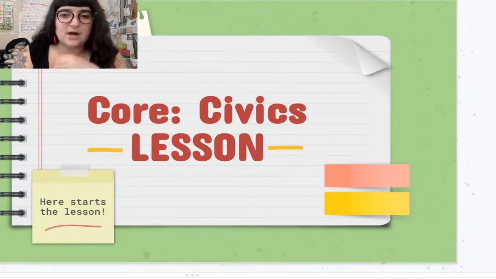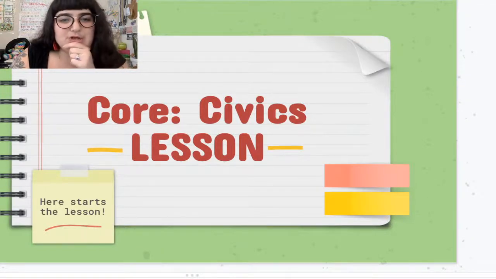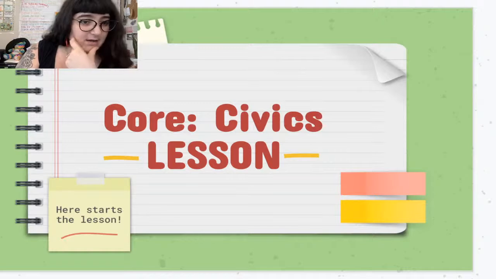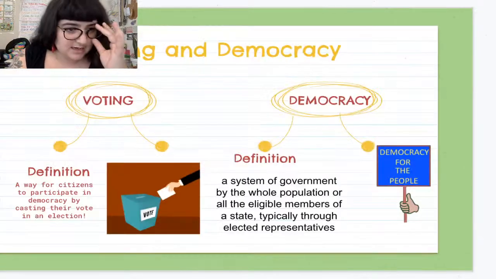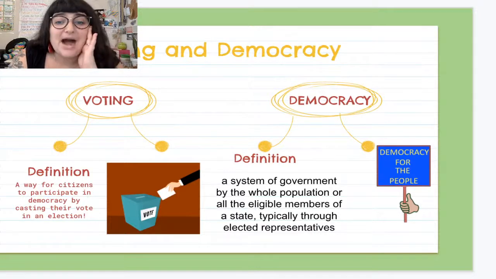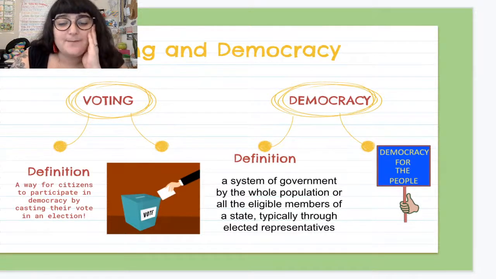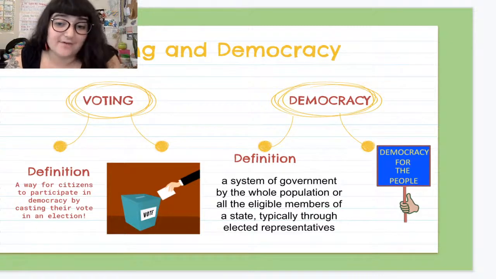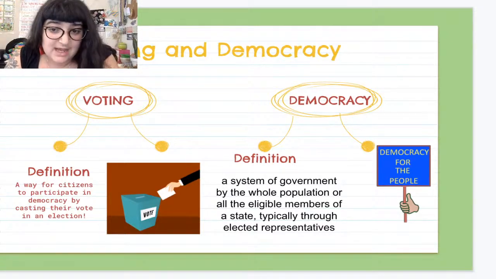Okay, so this is our civics lesson again. You should be able to see that we participate within democracy by voting, right? And here we have democracy outlined as a system of government by the whole population.